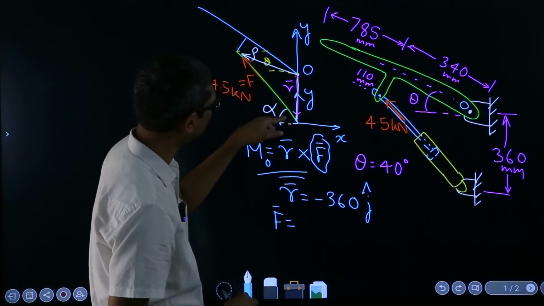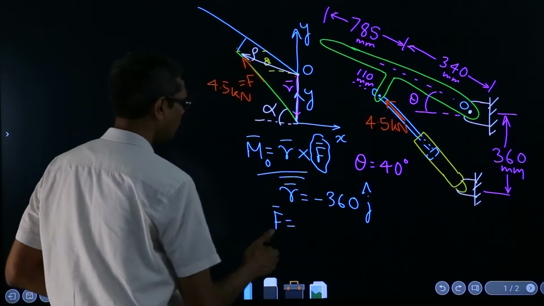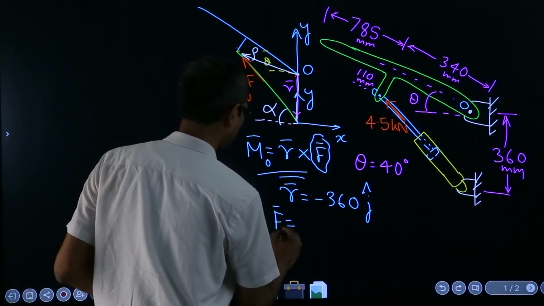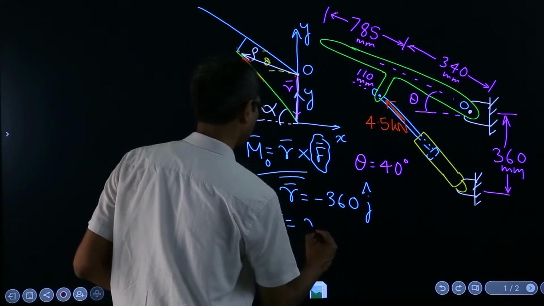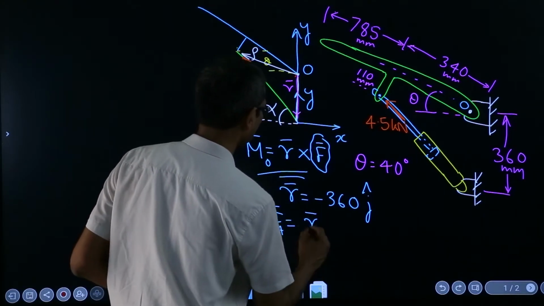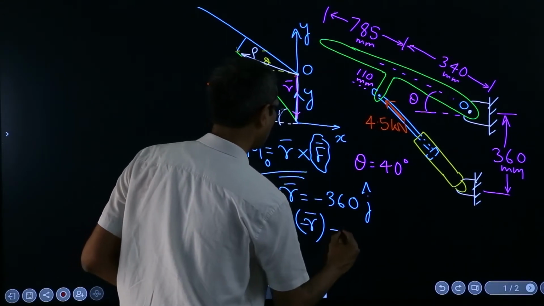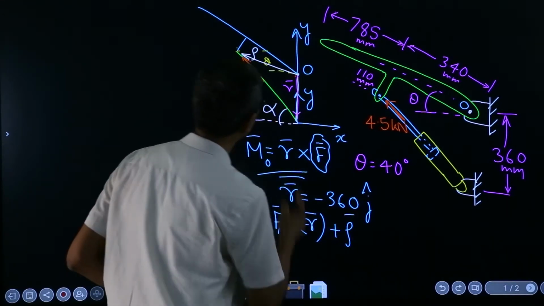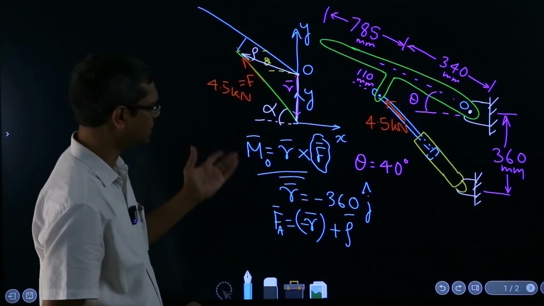I just need the direction vector, the unit vector in this direction. For calculating that, I'll say f arrow. That will be negative r, because r we have taken in this direction, plus rho. Fine. So if we are able to calculate that, then it is done.